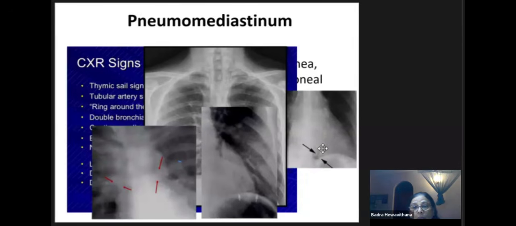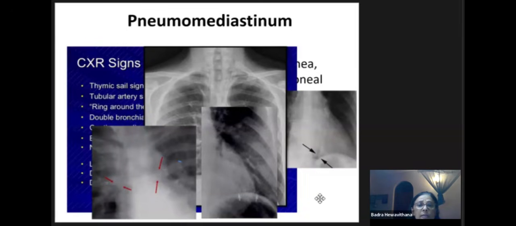But sometimes this may be the only sign. And this is along the diaphragm, you may see some. And this is one of the rare signs we see very rarely. This is the double bronchus sign, like that Wriggler sign you see. You start seeing it on either side of the bronchus.